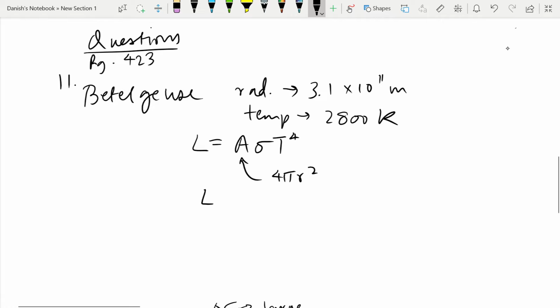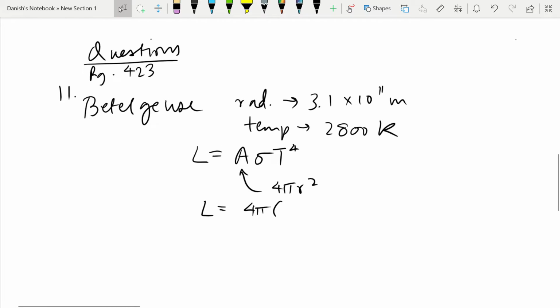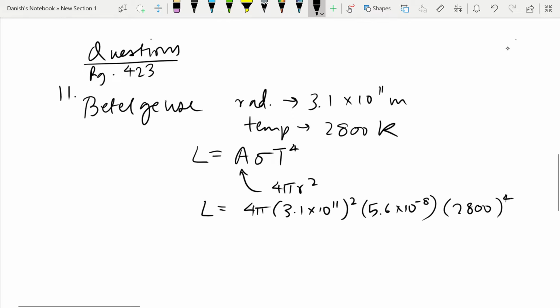So the luminosity will basically be 4 pi times 3.1 times 10 to the 11 squared times the Stefan-Boltzmann constant, which is 5.6 times 10 to the negative 8, times temperature in Kelvin to the 4th power, which will give us a luminosity.